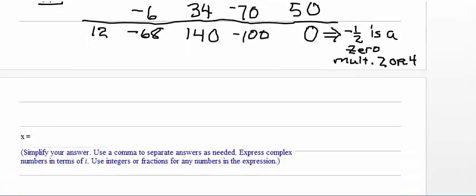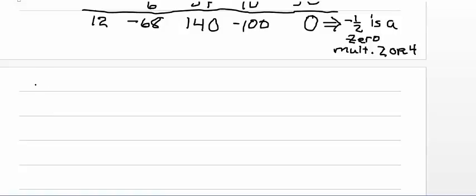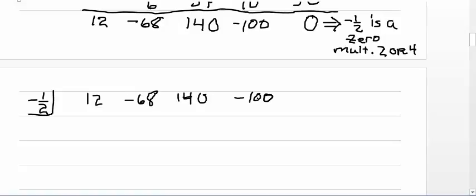So I'm going to use these coefficients of this quotient to check negative 1/2 again. If I get a 0 remainder, then I know that the multiplicity has to be 4. It has to be even, and it has to be an even positive integer less than 5.